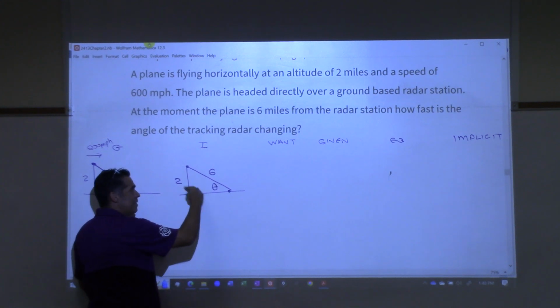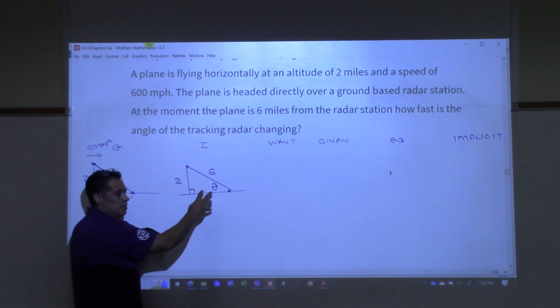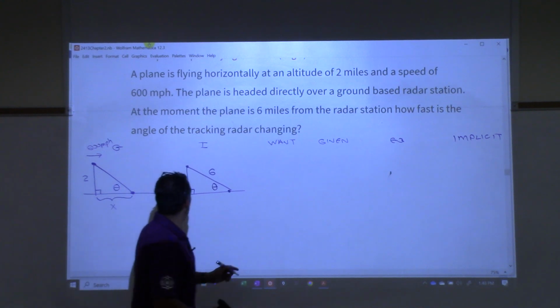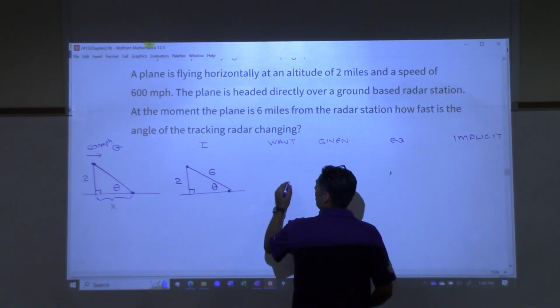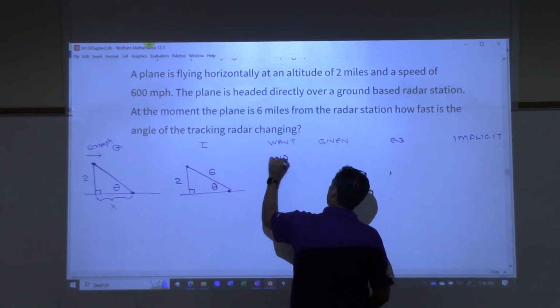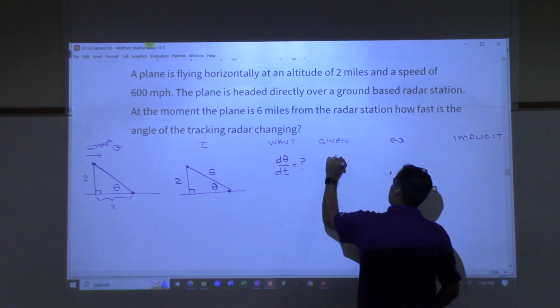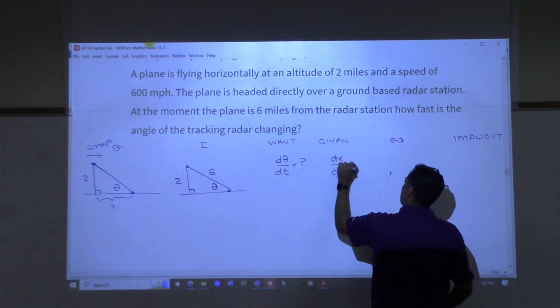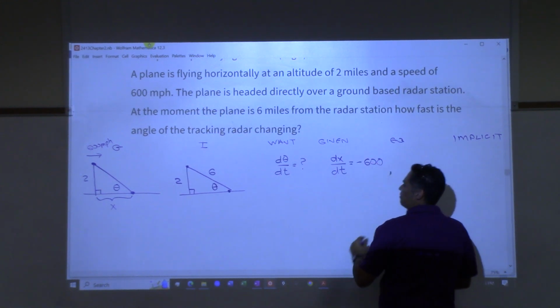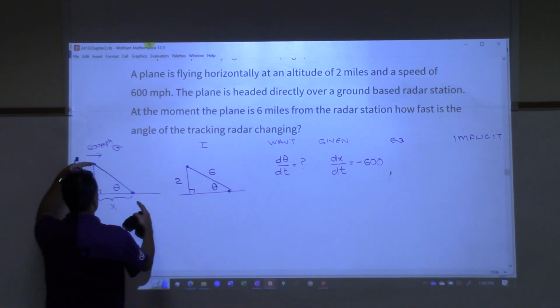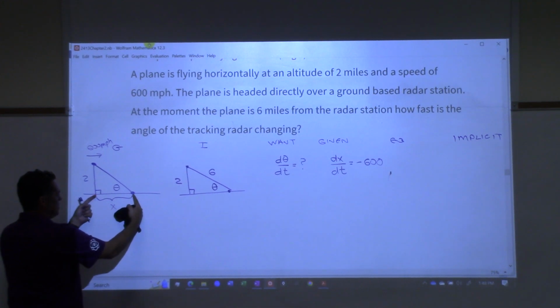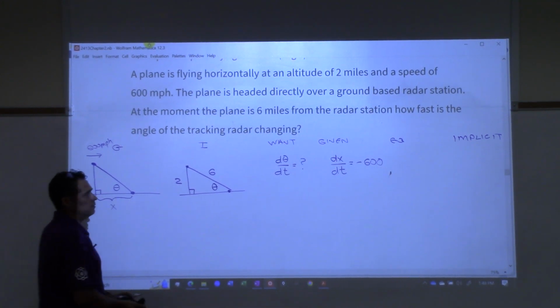But we said that since we have this triangle, we could figure out what theta was, if we needed to. What we wanted was d theta dt. And we were given dx dt, the speed of the plane. And we said it was shrinking at 600 miles per hour because as the plane moved across, this point moved across, and that x was getting smaller.